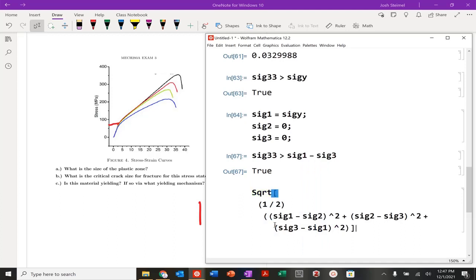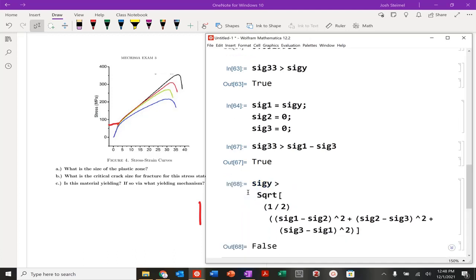That's my effective stress. Is this greater than sigma y? That's what we're saying here.